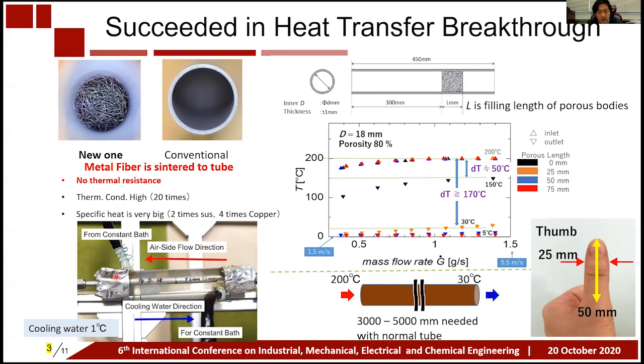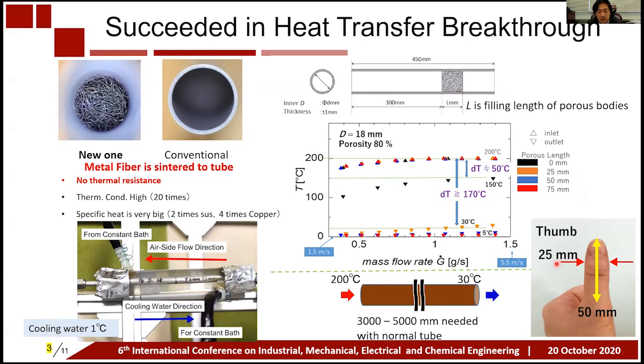As shown in this figure, the double tube structure is used to cool with outside cold water at 1 degree Celsius. The total length of the tubes is 450 millimeter, but the filling length of the porous fiber is very small, 25, 50, 75 millimeter, which corresponds to the length of the thumb.